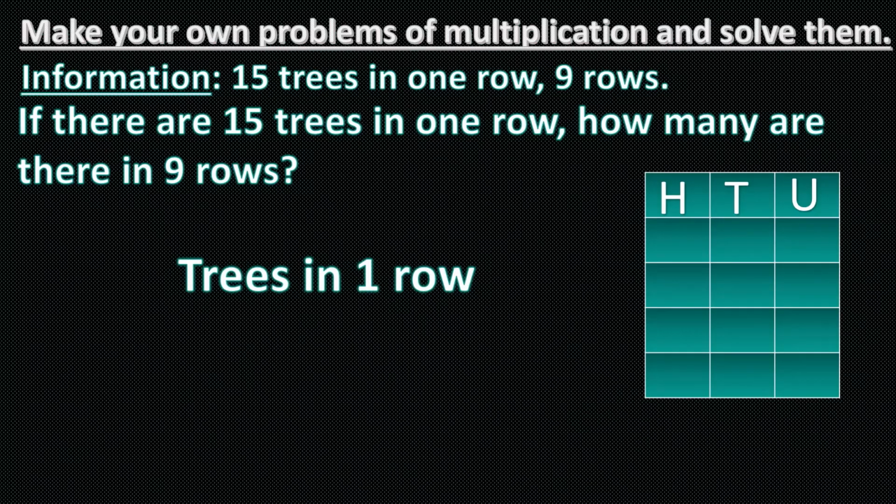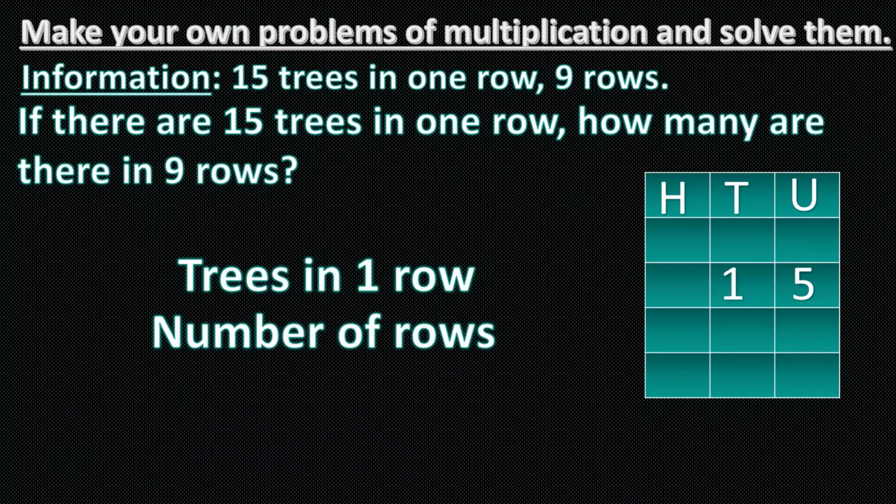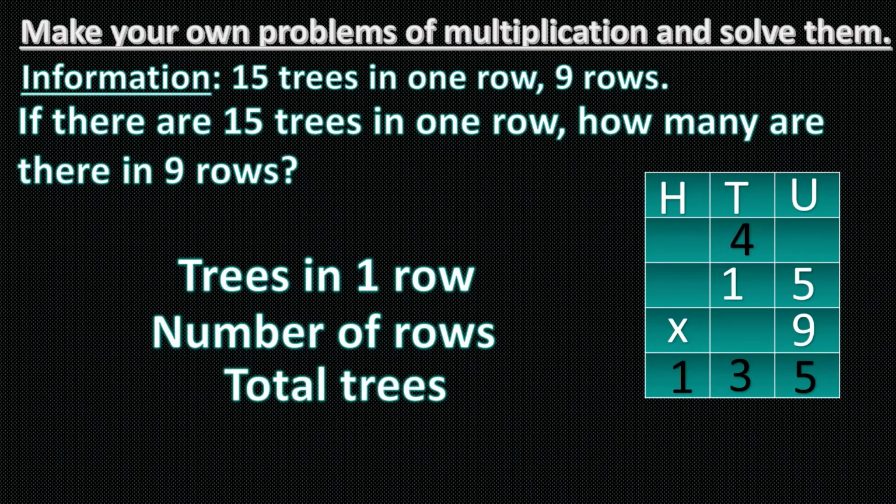Trees in one row, that is 15. Number of rows, 9. Multiplication sign. 9 5s are 45. We write 5 in units place, 4 in tens place. 9 1s are 9. 9 plus 4, we get 13. So we write 3 in tens place, 1 in hundreds place.